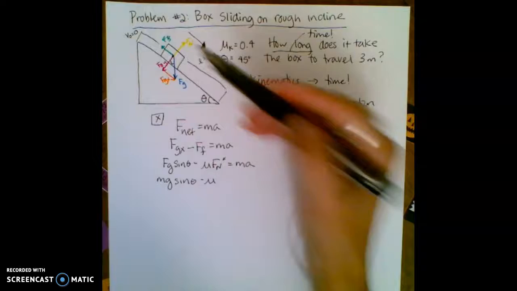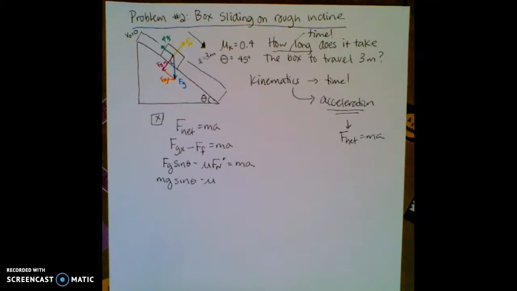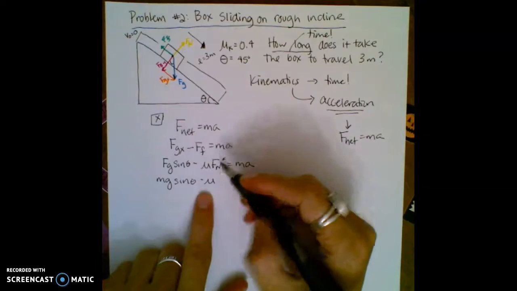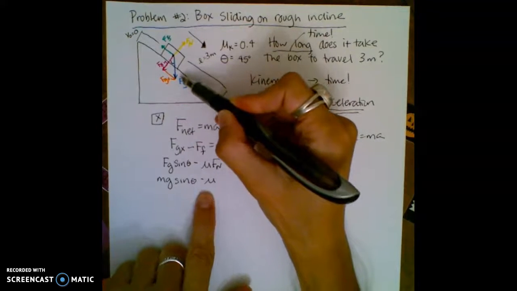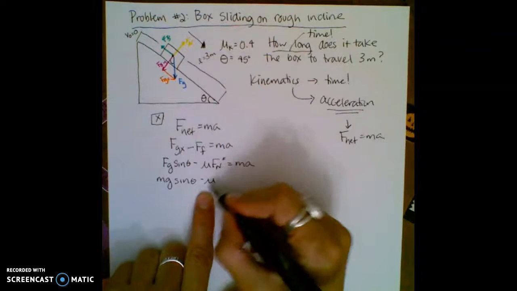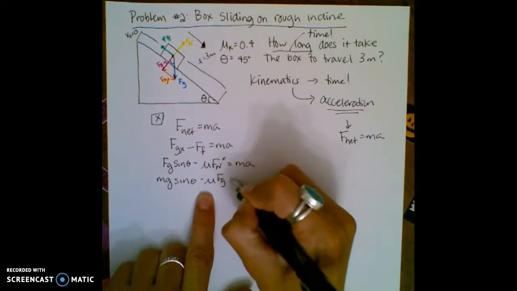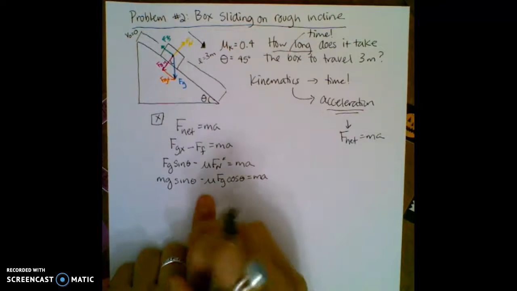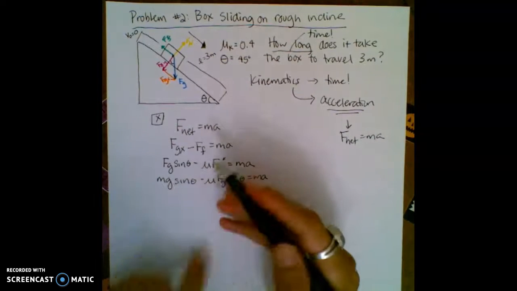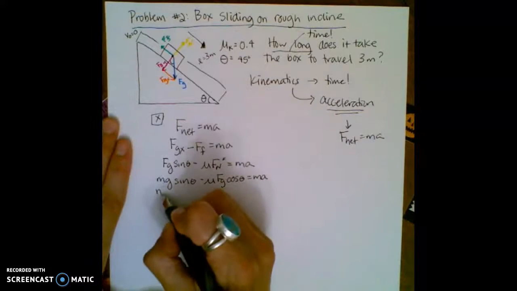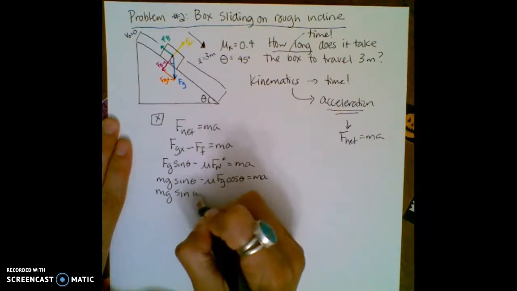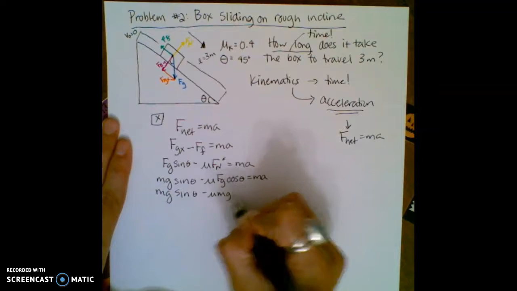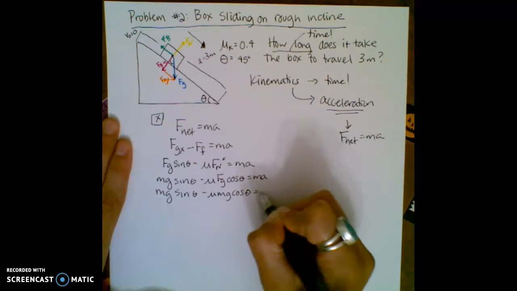Now, it's the adjacent side to the angle, so I would need to use cosine to figure that out. So it's going to be the hypotenuse times cosine, where the hypotenuse of the triangle is Fg. So this is mu Fg cos theta is equal to ma. Okay. And now Fg I can write as mg. It's the same block. So I have mg sine theta minus mu mg cos theta is equal to ma.